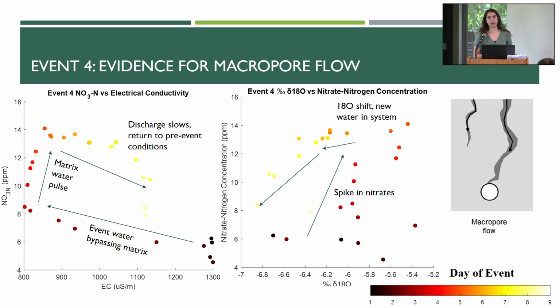Something is there now that wasn't there before. And then again, there is that delayed peak. There's a 2-day difference between nitrate concentrations being at their highest and the most volume of discharge, which is, again, evidence for macropore flow, as you can see in the far diagram with those large cracks moving quickly towards the tile drain.